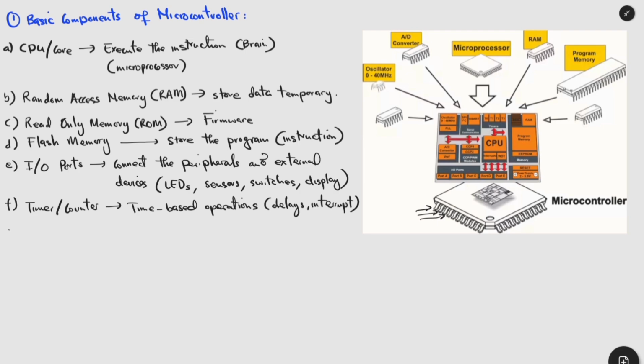And the other basic component is the communication interface. So what is a communication interface? In a microcontroller, we have communication interfaces such as the UART, SPI, I2C, CAN, and so on.